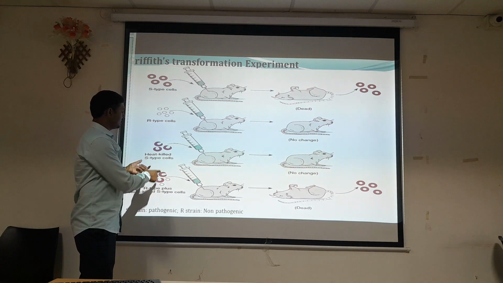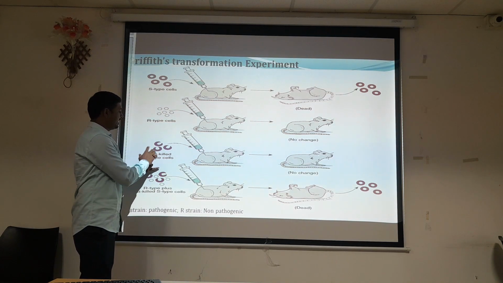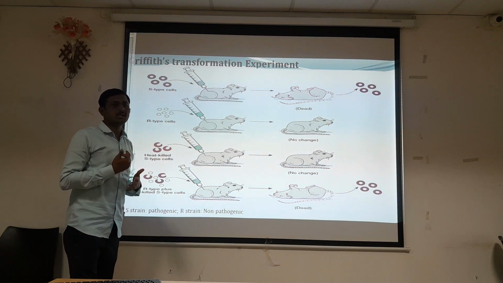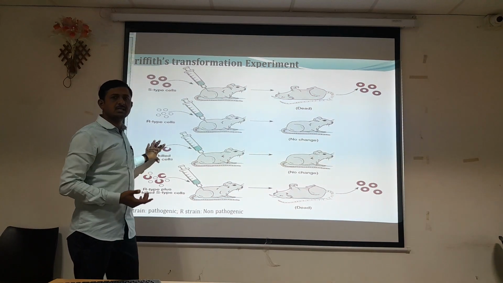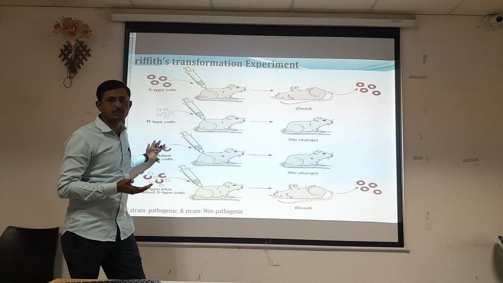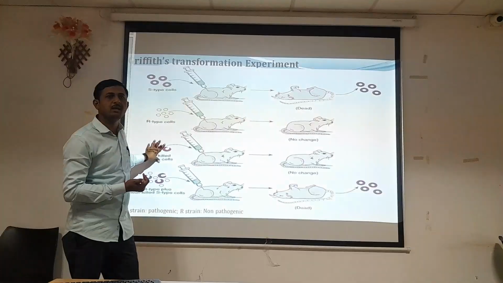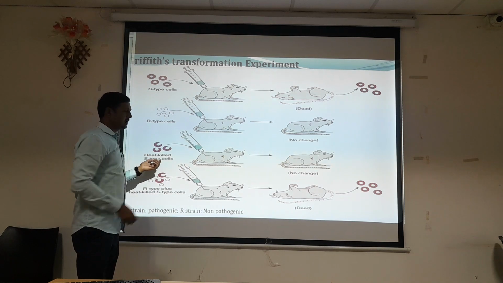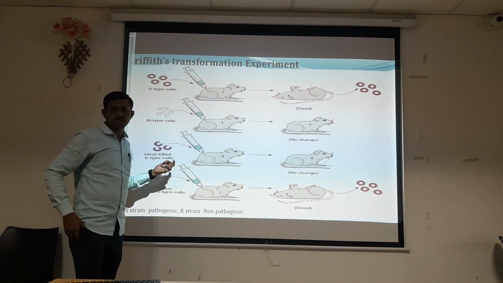In this experiment he used heat-killed cells of S type of bacteria. He gave a heat treatment to the S type of cells, so all the viable cells of that bacteria died.